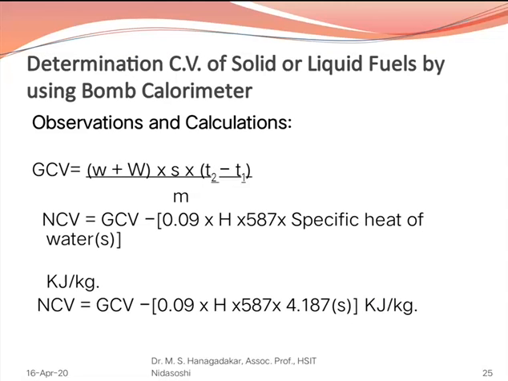Then the above equation is simplified as NCV is equal to GCV minus (0.09 into H into 587) into 4.187 kilojoules per kg.